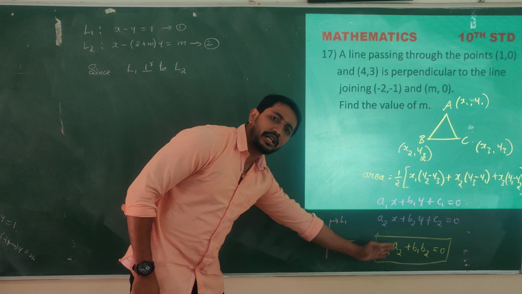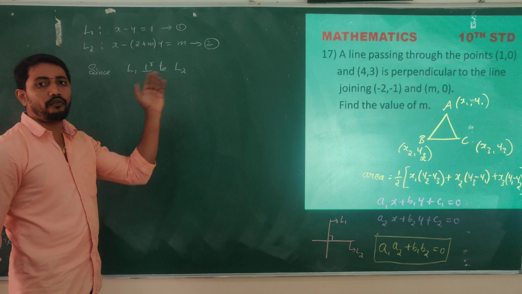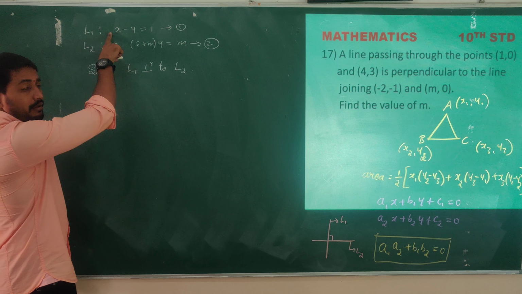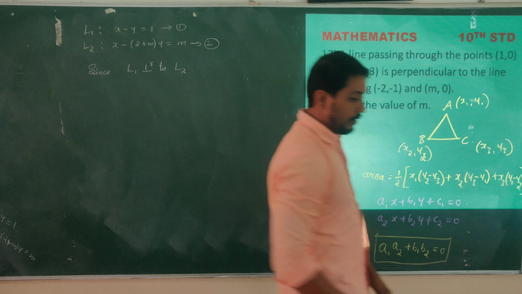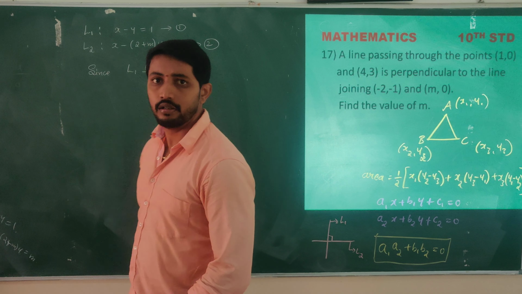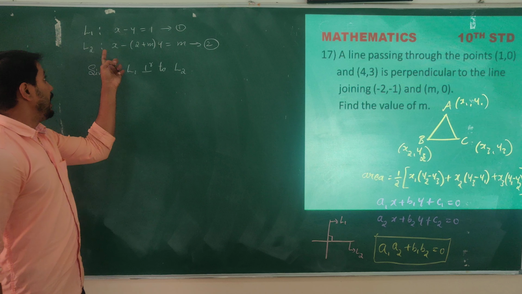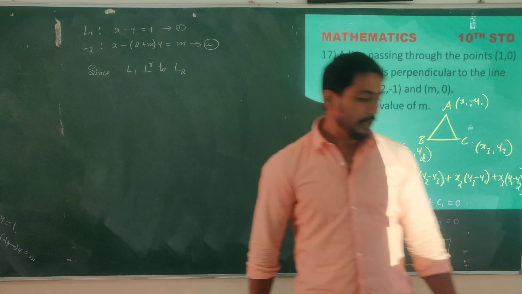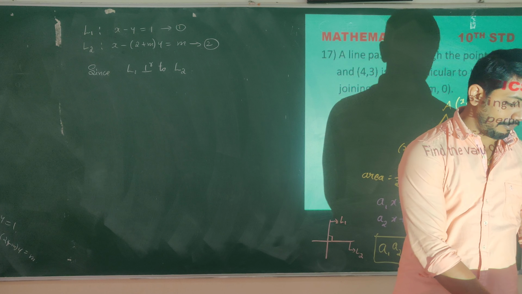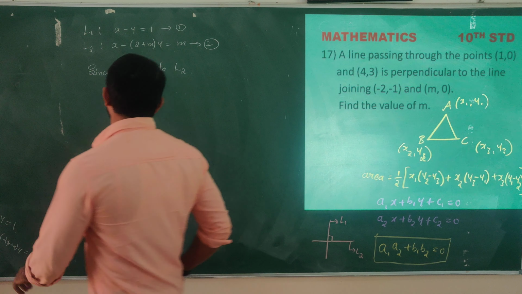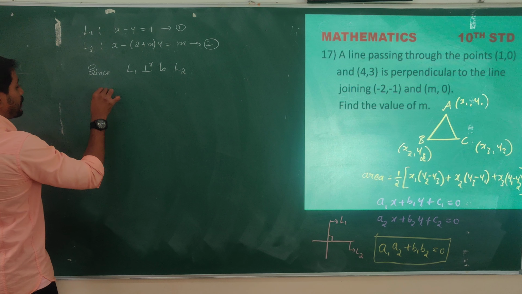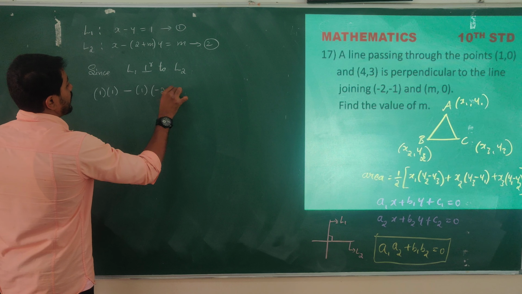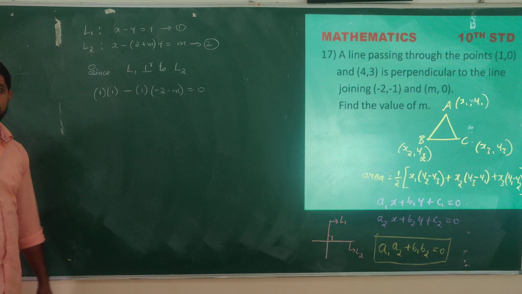Now we are going to make use of the same condition to find the value of m. Here the A1 value is 1, B1 value is 1, A2 value is 1, and B2 value is minus times (2 plus m). Substitute those values, then it becomes 1 into 1 plus 1 into minus 2 minus m, which is equal to 0.